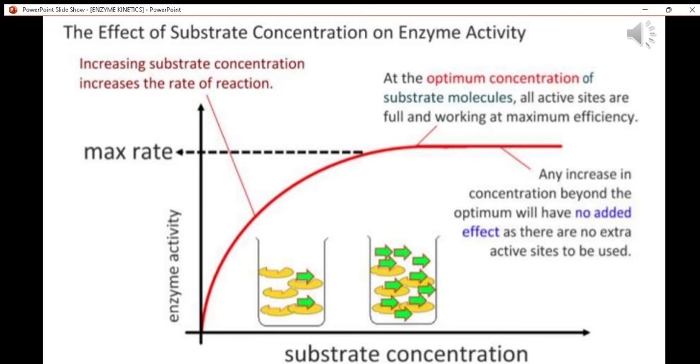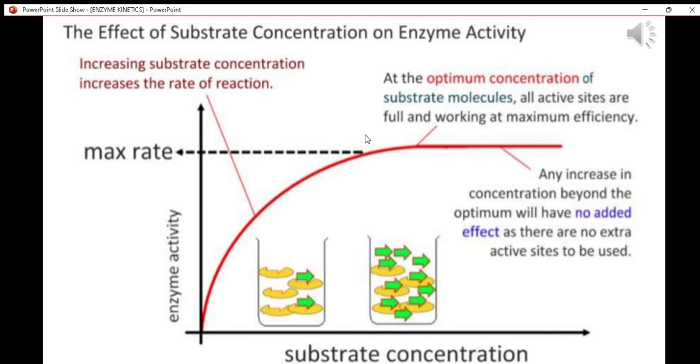And then as we are adding more of the substrate, a moment will come when all the enzymes are doing their maximum work, or there are sufficient substrate molecules so that the active sites of all the enzymes are filled up. Then we can say the enzymes are all saturated with the substrate.